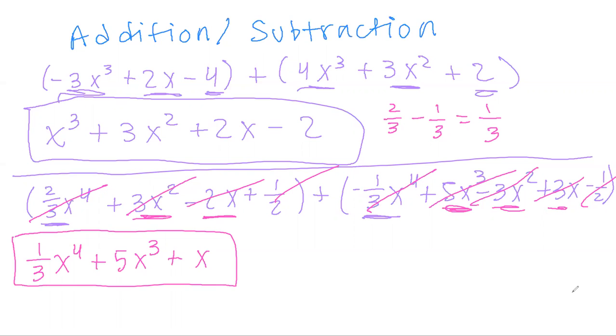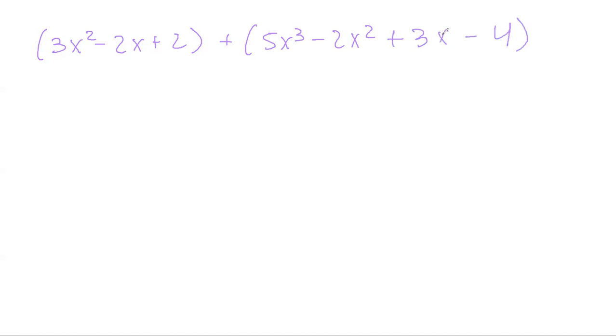All right, so let's do a couple more of these. Okay, so here again, I start with the highest power, so I have 5x cubed, so I'll write that down first. 3x squared minus 2x squared, and I just get plus x squared.